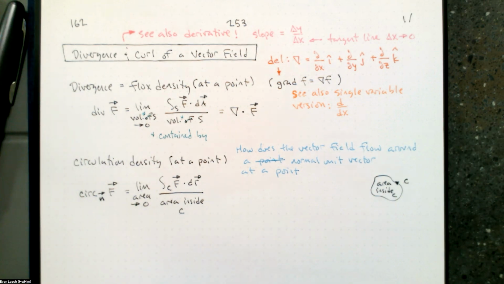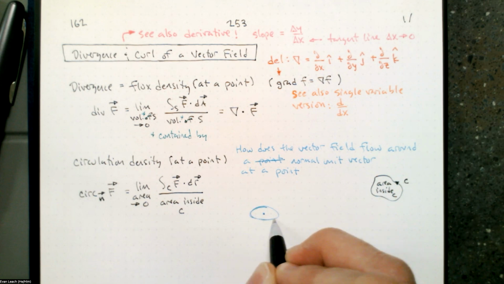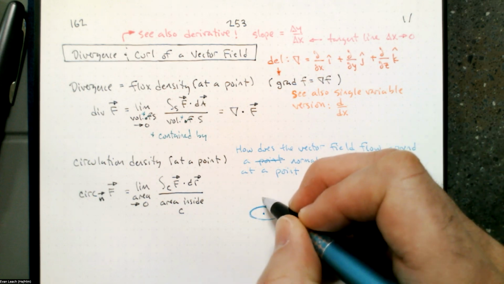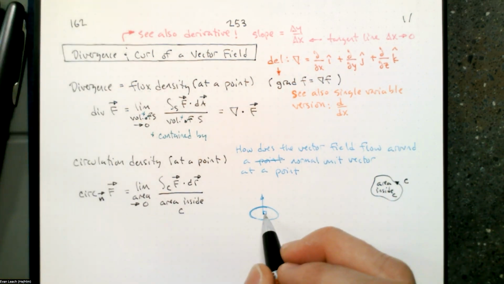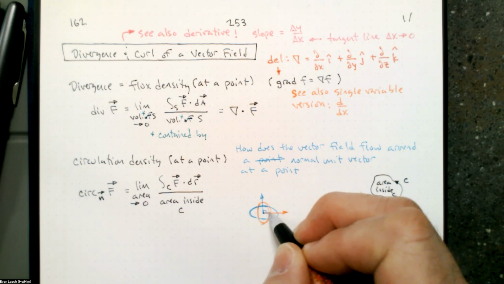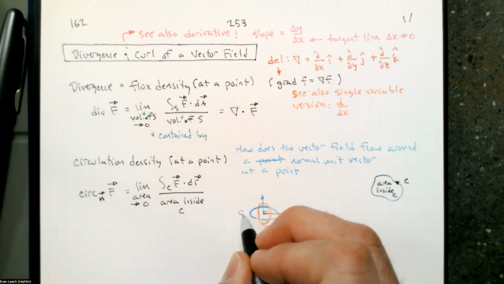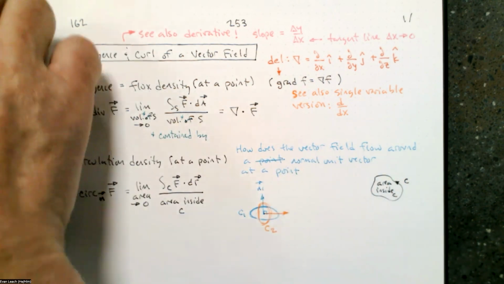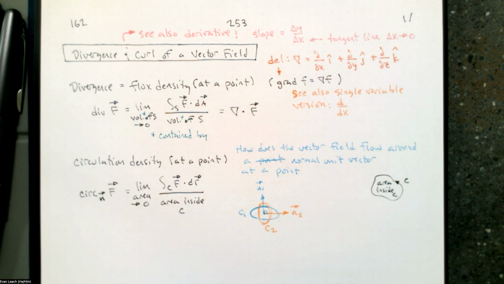So if we have this point, I could have a small circle C, and that would be with this normal vector. Or I could have some other small circle, let's say going in this direction. So we can see that C1 and C2 are different circles around these two different normal vectors at that point.